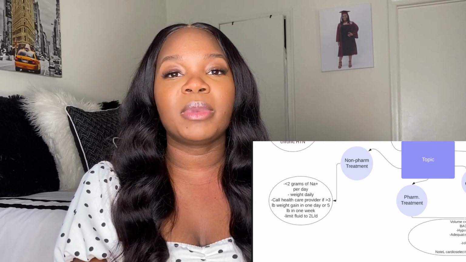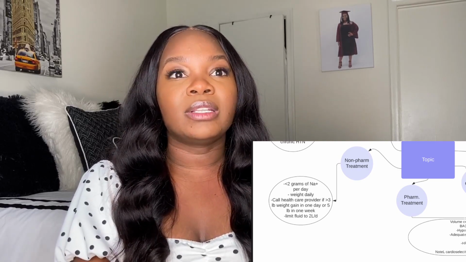So with these patients, we want to make sure they monitor their weight and let their doctor know if there are any drastic changes. So as you can see when studying, you want to make connections. So make connections between the pathophysiology, the signs and symptoms, and the non-pharmacologic treatment. That way you know exactly how to treat a patient and what to do for heart failure. You see, we're starting to put the pieces of the puzzle together so we can actually know when we get to a patient case what to do next.